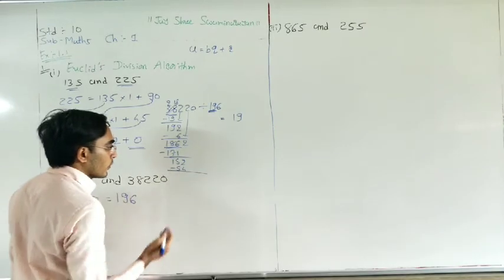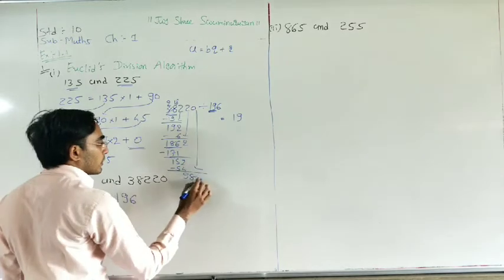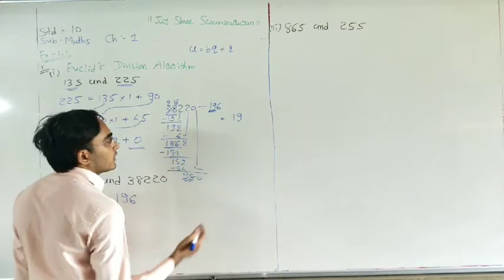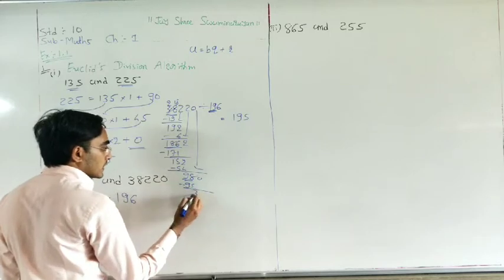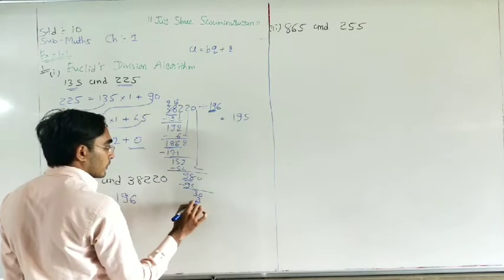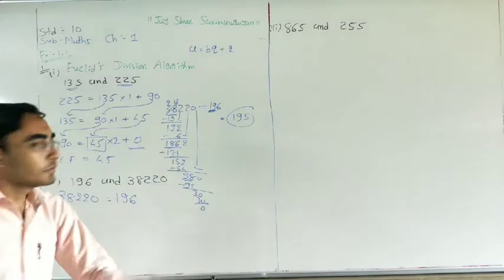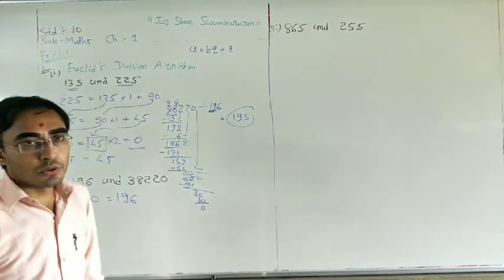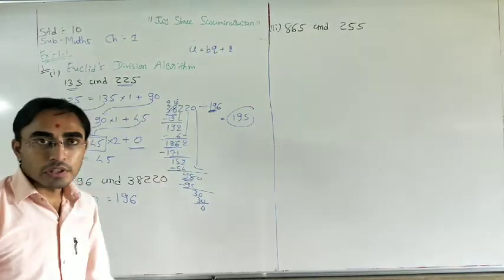If we minus 54, then here we get 98 and 0 is remaining. Now 19 5s are 95, 6 5s are 30. This is your answer, 195. If you divide 38220 divided by 196, you will get the answer 195.